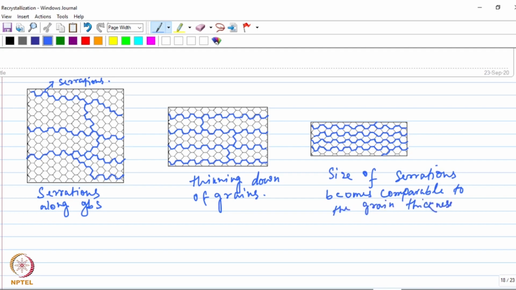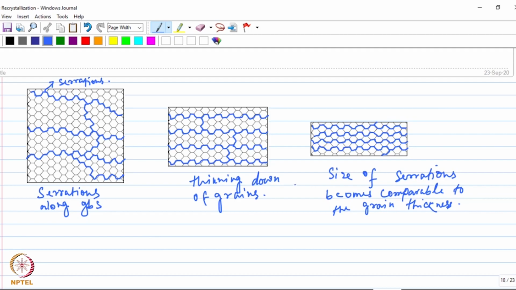This will occur when the grain is typically having a size which is equivalent to few subgrains, okay? So under those kind of conditions, when the grains thin down to that extent, the serrations become comparable to size of the grain or the thickness of the grain, and eventually these serrations will impinge upon each other, and the new equiaxed grains can pinch off due to that process, okay?